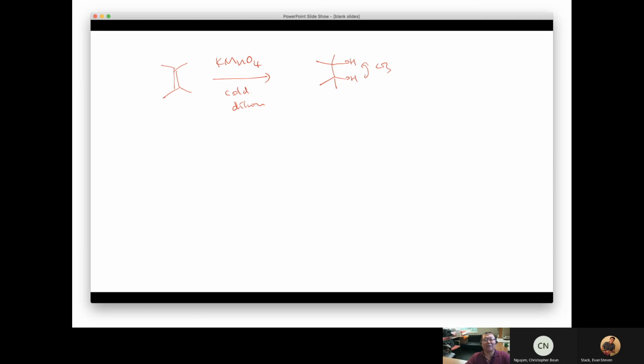The same thing can happen with the other reagent, osmium tetroxide and hydrogen peroxide, which will do the exact same thing. Why do we use permanganate? Because permanganate is less toxic than osmium. Osmium tetroxide is a really toxic reagent, and it's much more expensive too. But if you use permanganate not cold and dilute, it's going to be hot and concentrated.